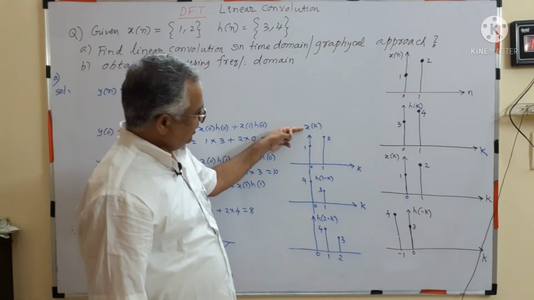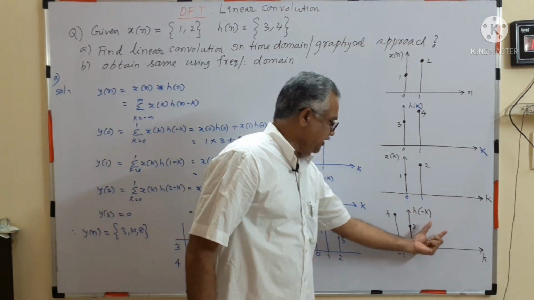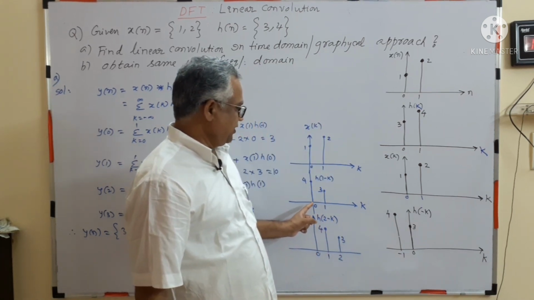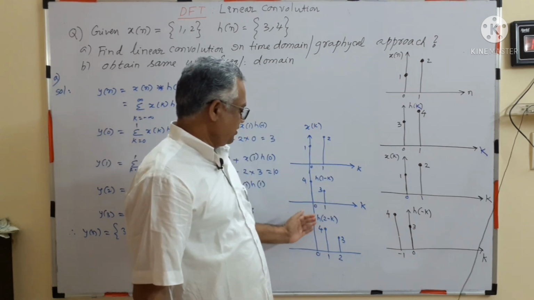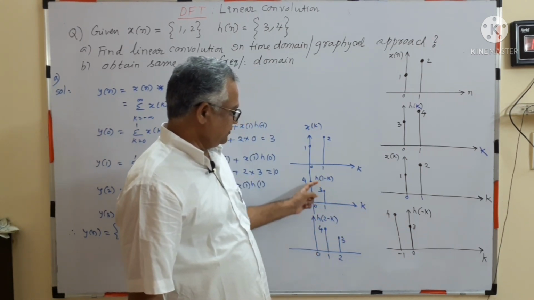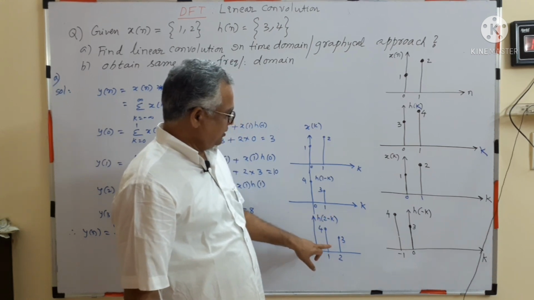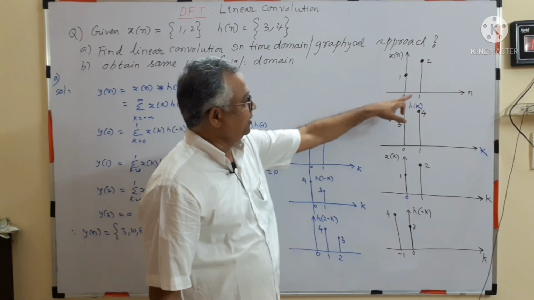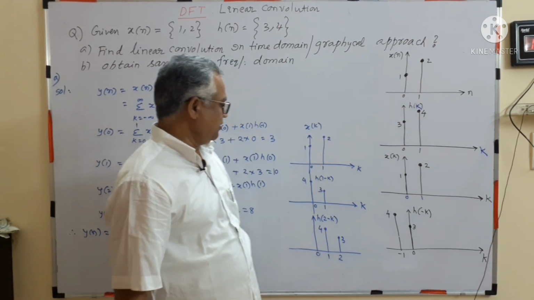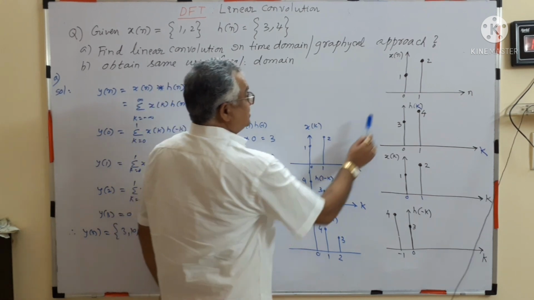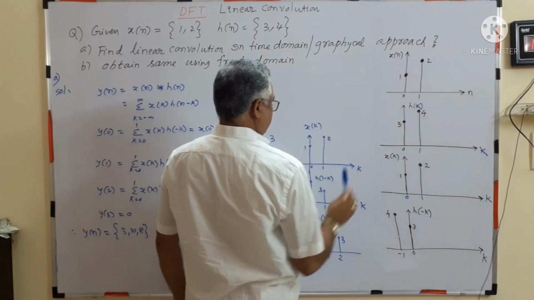So here, x of k and h of 1 minus k: h of minus k is shifted right, so this 4 will come here and 3 will come here. Another shift right, then 4 here, 3 here. That is h of 2 minus k. If you multiply this with this, only 4 into 2 remains. In the middle position, 4 into 1 plus 3 into 2, 6 plus 4, is 10.